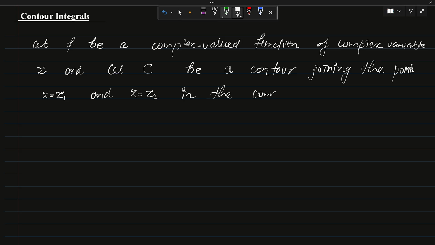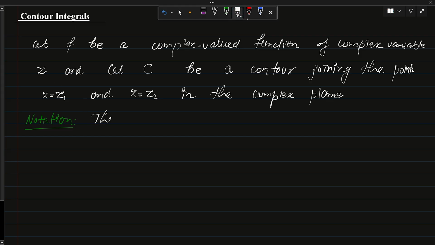Okay, now how will we denote the integral in complex analysis? First of all we have the notation. How will we denote the complex integral?